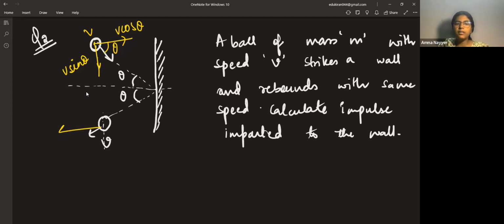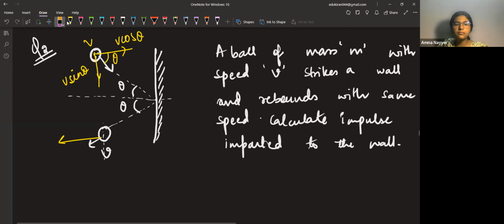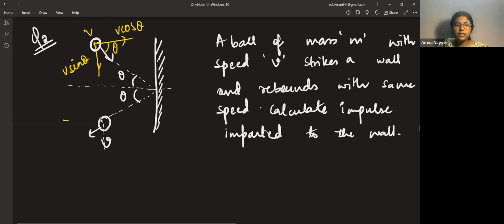So one component will be here, one component will be downwards. See, if this is theta, this will also be theta, corresponding angles. So again, if this is theta, this axis will receive the cos component, v cos theta, and this becomes v sine theta.